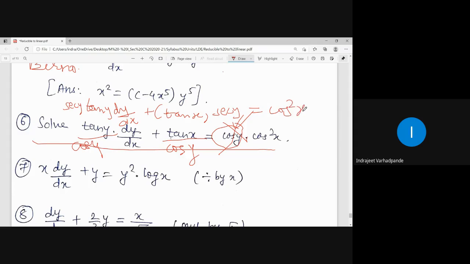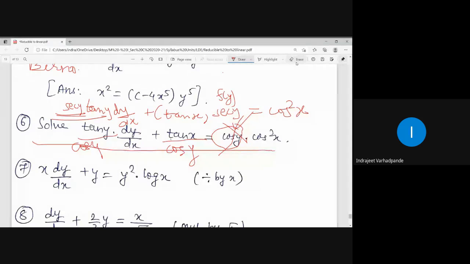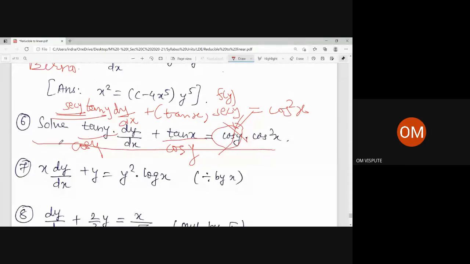So this is your function of y, sec y. Its derivative is present as sec y into tan y. I hope this is clear to everybody. Yes, sir. So in this we identify it as form number 1 reducible to linear, and appropriately it can be simplified. I hope the steps are clear. Yes, sir.